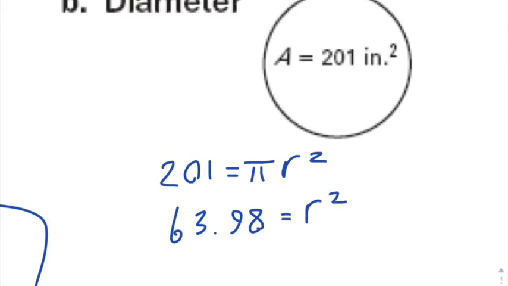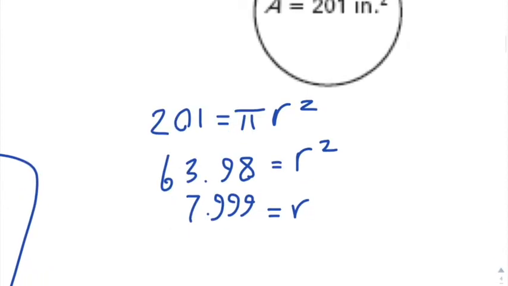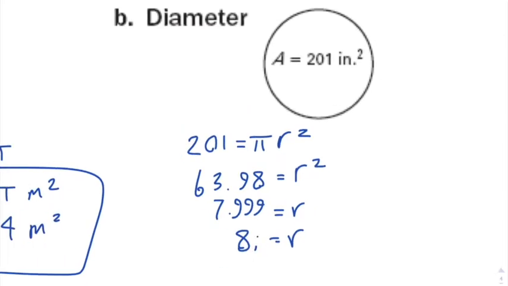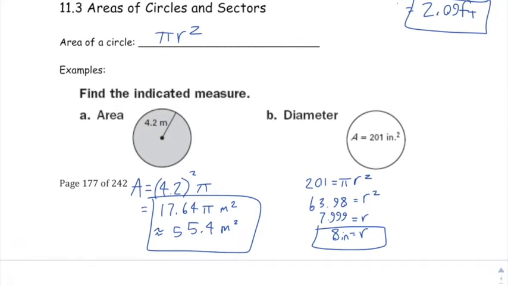So to get r by itself, you square root both sides, and that gets us about 7.999, or I guess you could say about 8 inches if you wanted. That would be your answer there.